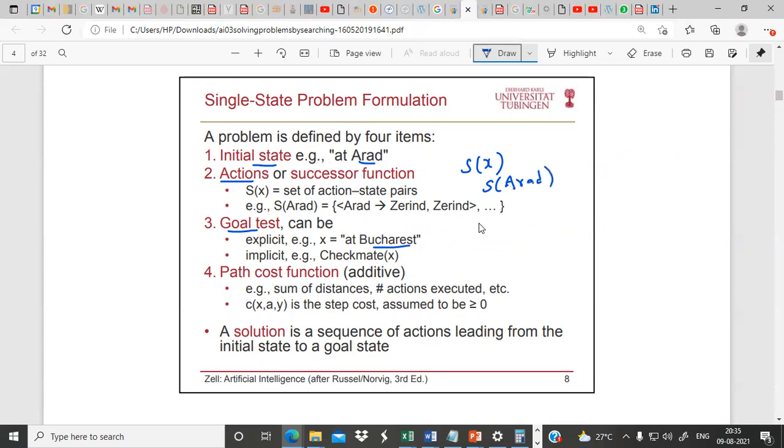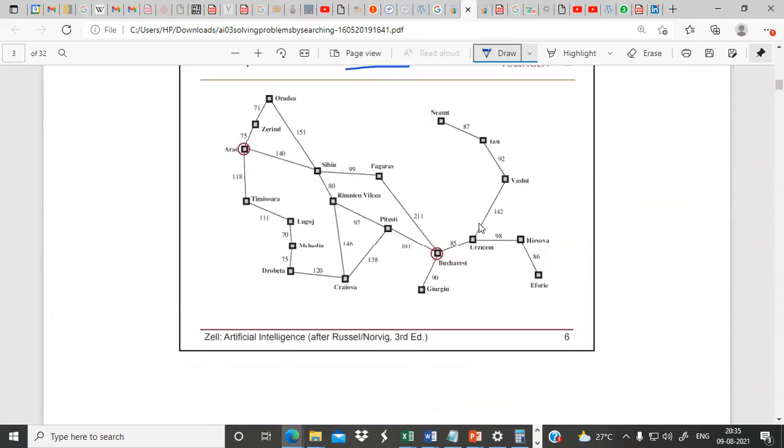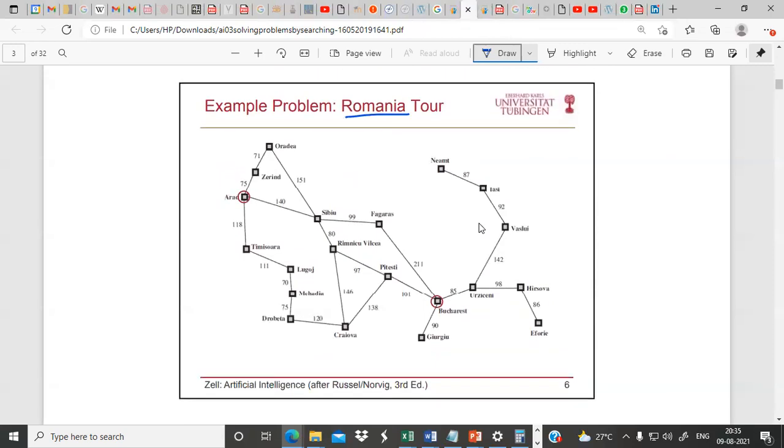So S of Arad will give all these things. There are multiple options, and the agent can choose anything. The immediate successors of Arad are Timisoara, Sibiu, Zerind. All these are available in S of Arad, the successor of Arad. Okay.